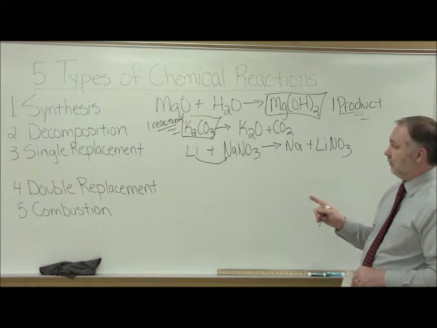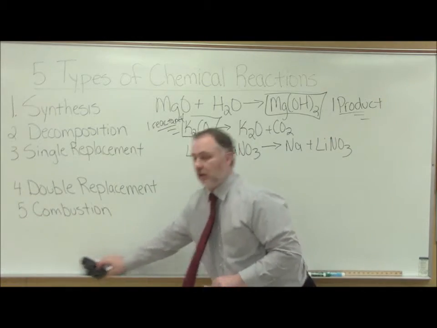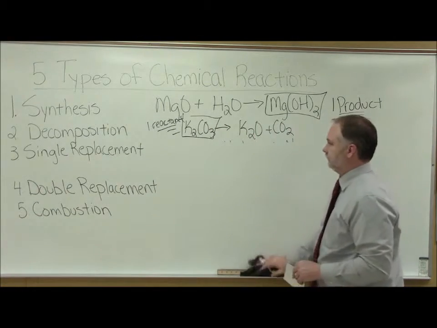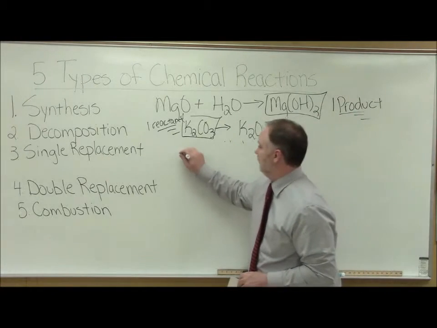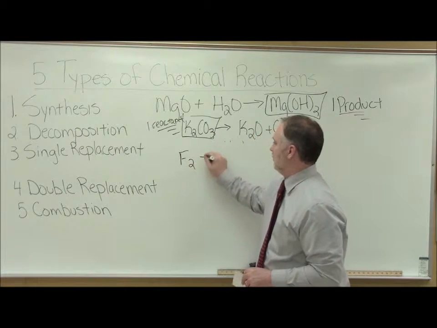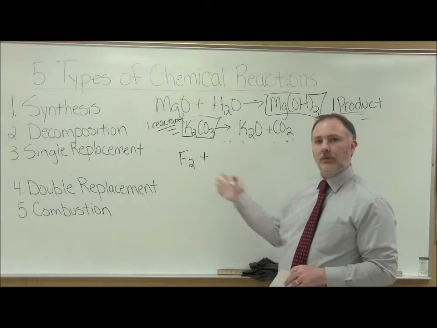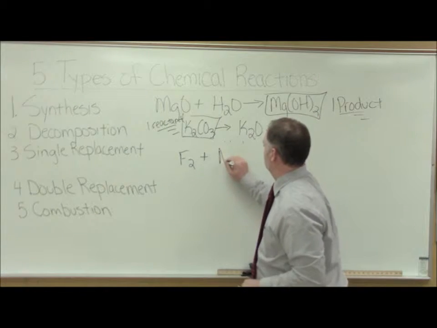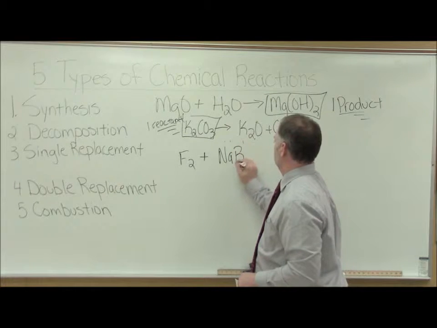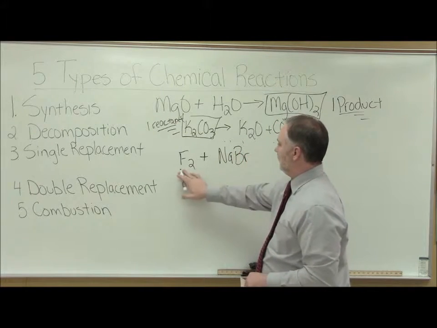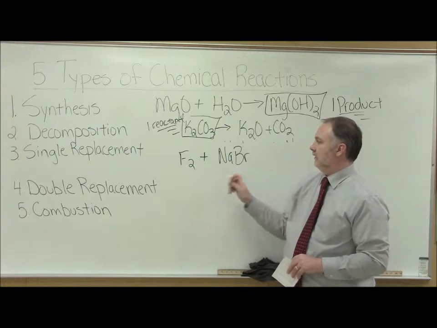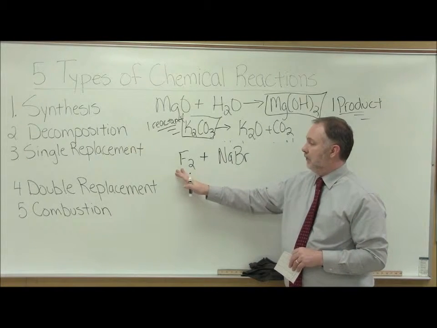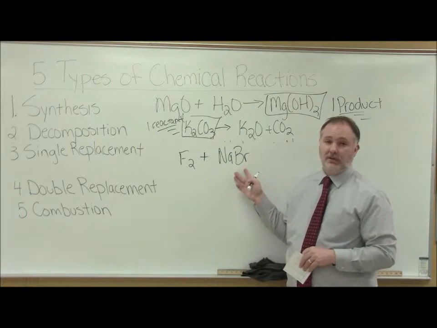A different example of this, and the teacher was talking about it, he just didn't show you one, would be if I have a nonmetal that is going to replace something. In this case, my fluorine is not going to kick off and replace sodium, because fluorine's a nonmetal. It has to kick off another nonmetal.